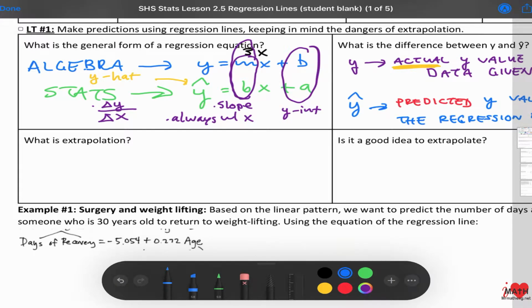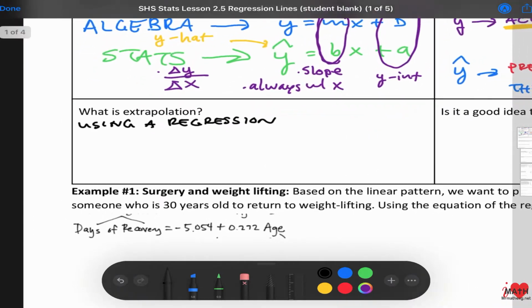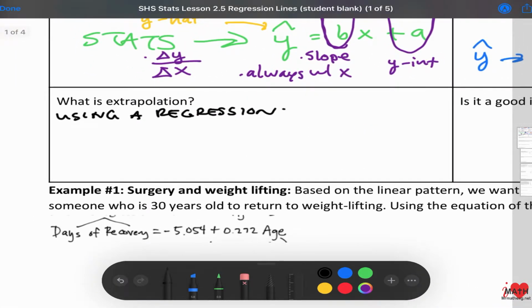Okay, what is extrapolation? Extrapolation is using a regression line, and I want you guys to save some space over here. Let me try to draw it now. Draw a space. We're going to put a little graph in there.